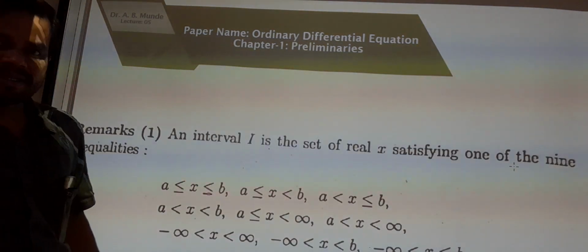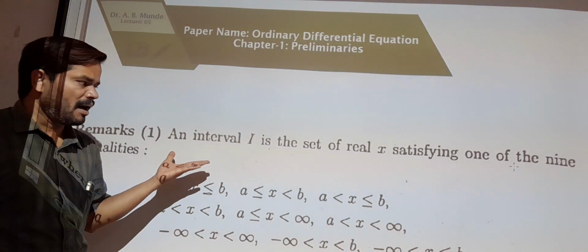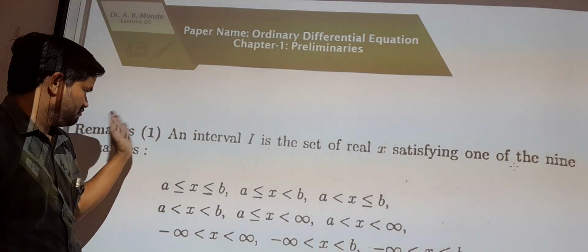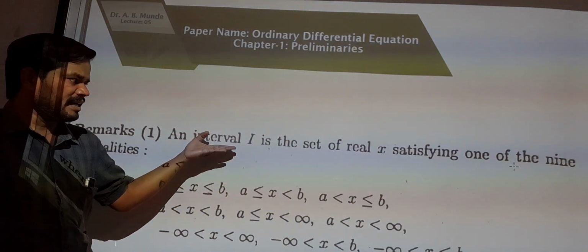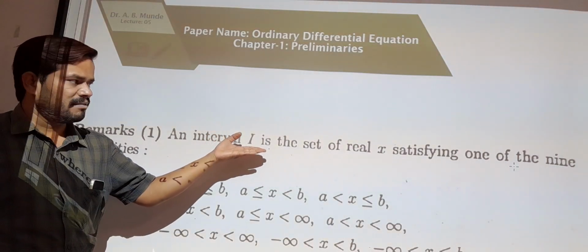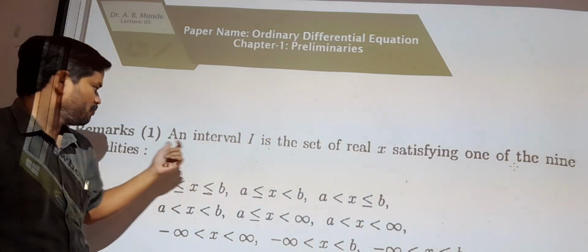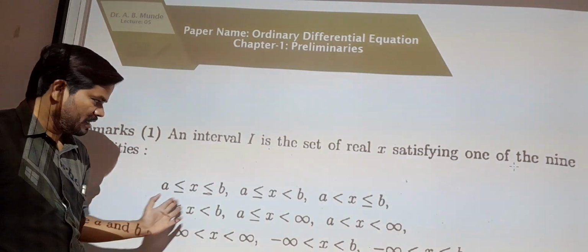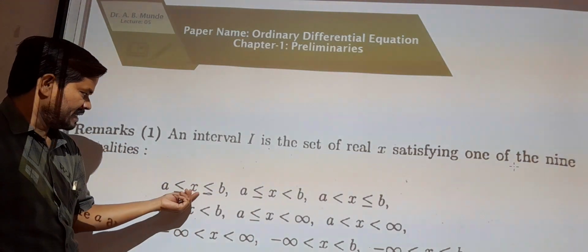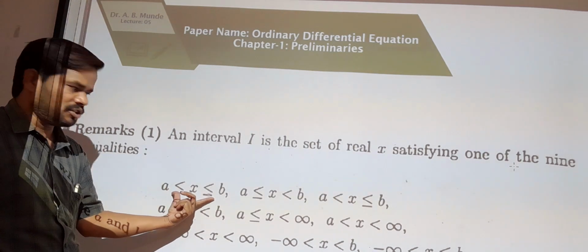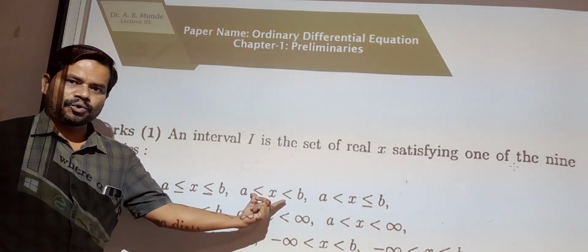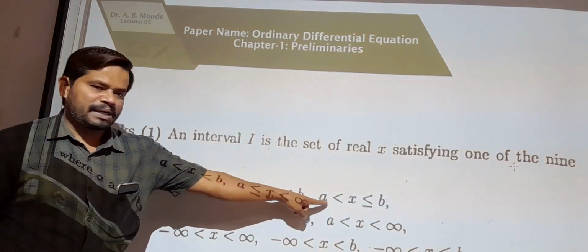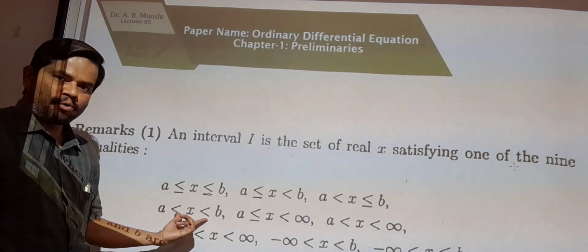Next, we will see the remarks on these definitions. An interval I is the set of real values x satisfying one of the 9 inequalities. I have shown here these 9 inequalities. x is between a and b: this is the closed interval, this is the closed and open interval, this is open and closed interval, here the open interval.